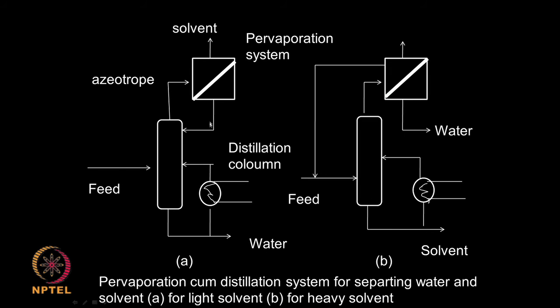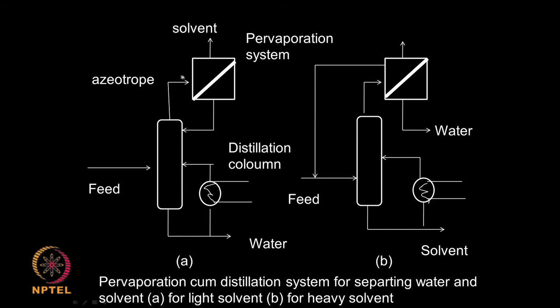So, typically we can connect pervaporation operation and distillation like this, okay, so that we do not need to have azeotrope breaking at all. Suppose there are azeotropic mixtures which you want to break, we can just add a pervaporation system to that. If you have a lighter solvent, what we do is we do the feed and then here you are collecting the heavy component like water.